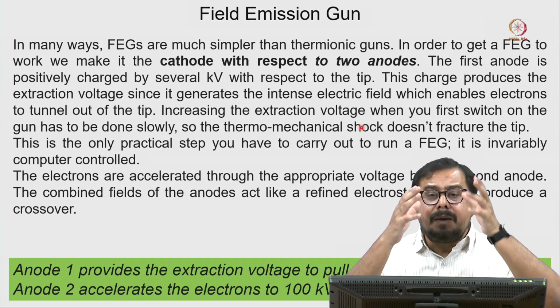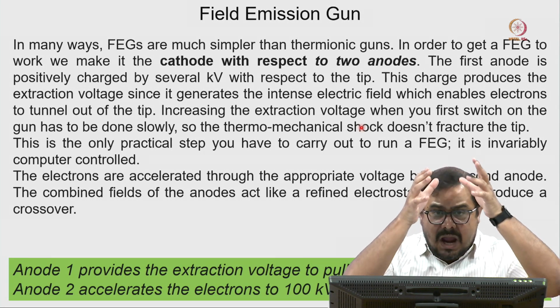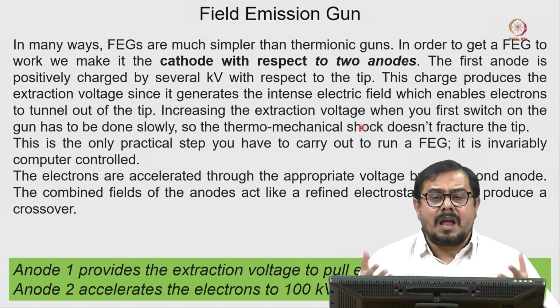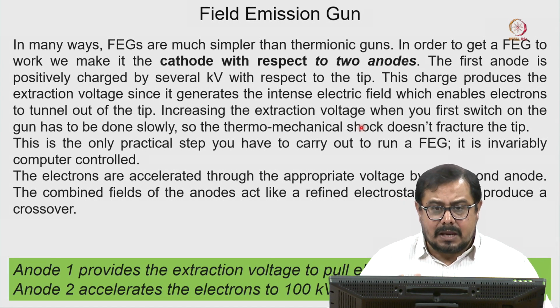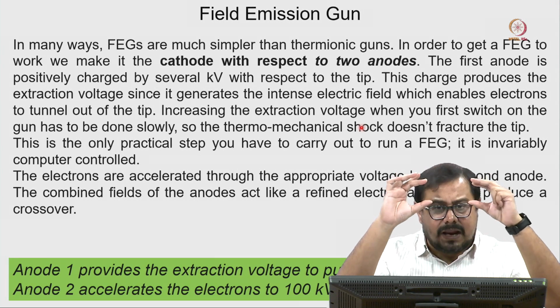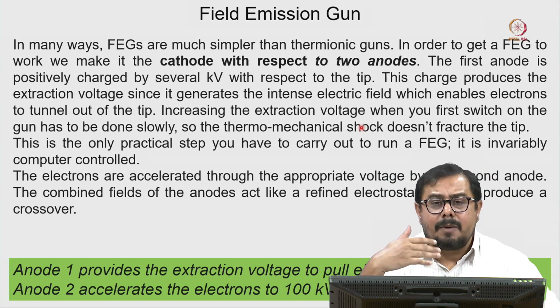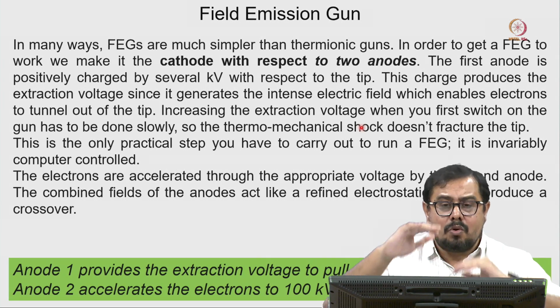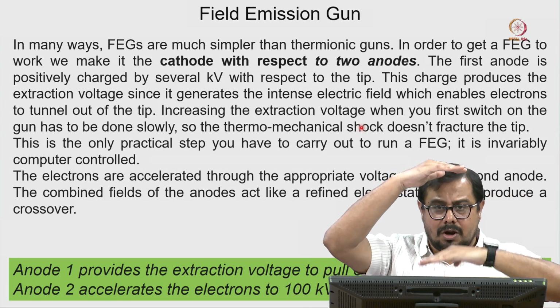If you remember, at the beginning when I was talking about the entire column, it stays under high vacuum, and even your gun also stays at high vacuum. You have to maintain that high vacuum. So, even if you have to change the filament, you have to break the vacuum of the gun separately. You have to block the column separately.